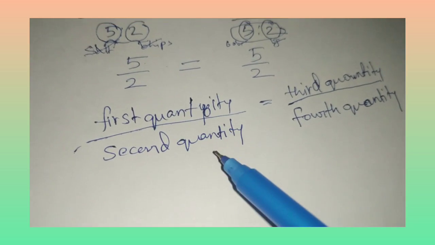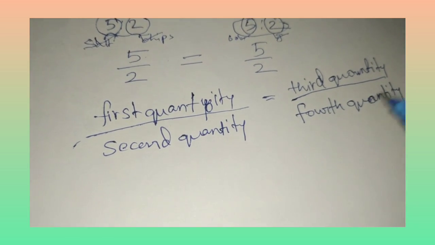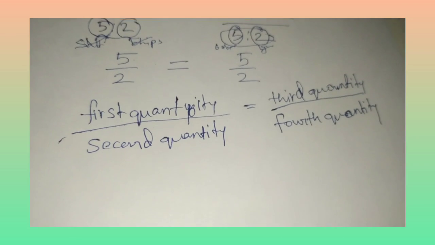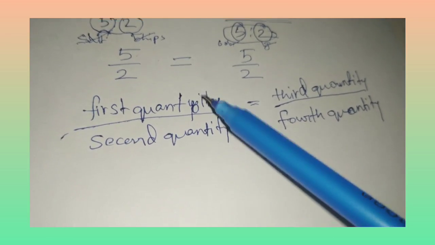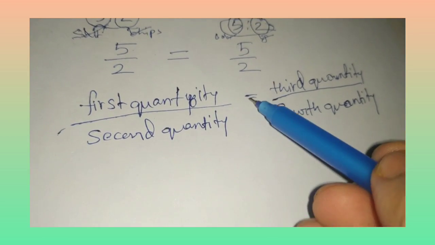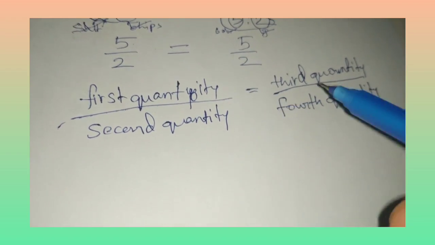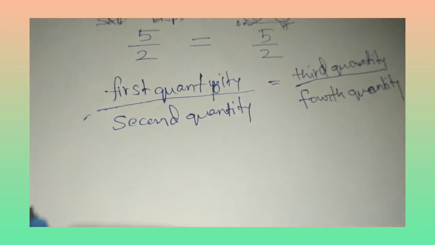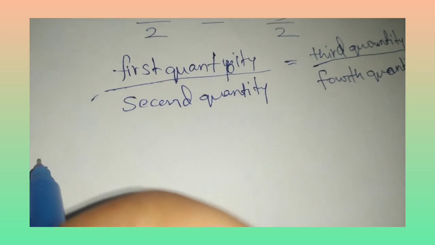So first quantity by second quantity equals third quantity by fourth quantity. If we have an equal sign in between, we know that we can cross multiply. So what can we write in the second line?